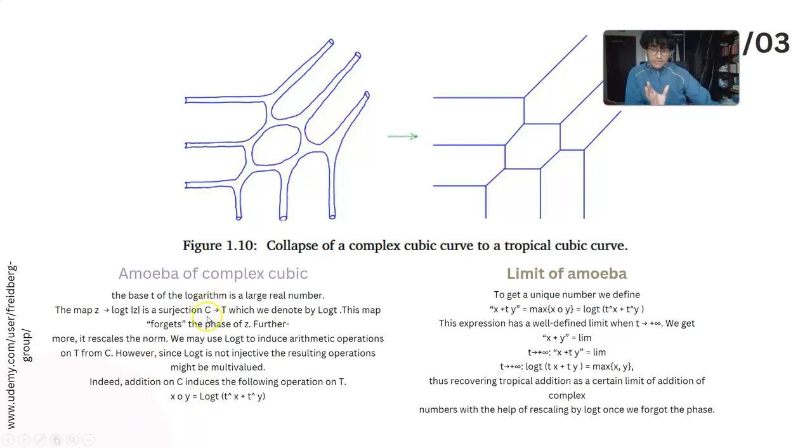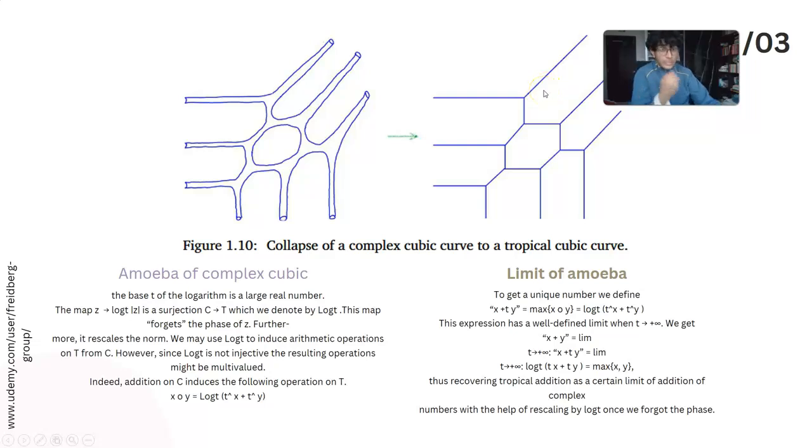So we're mapping from C to T. Addition in C has now been converted into this kind of addition, where x ⊕ y is equal to log to the base t of t to the power of x plus t to the power of y. Now what we do is what I said earlier: we have to go from this amoeba-looking thing into this nice linear mesh-like thing.